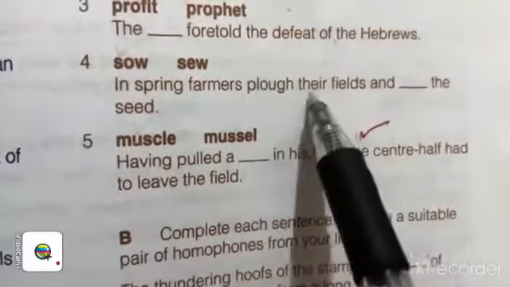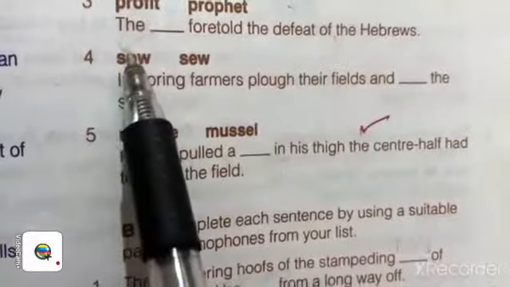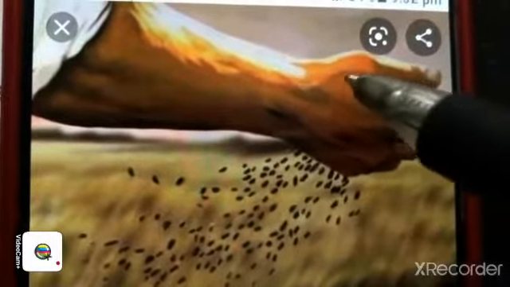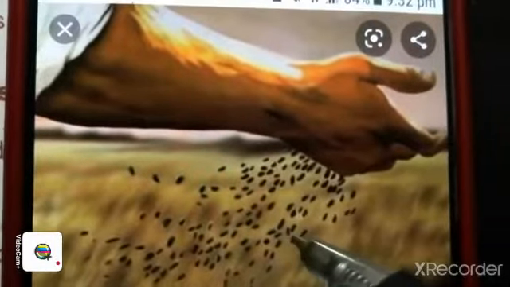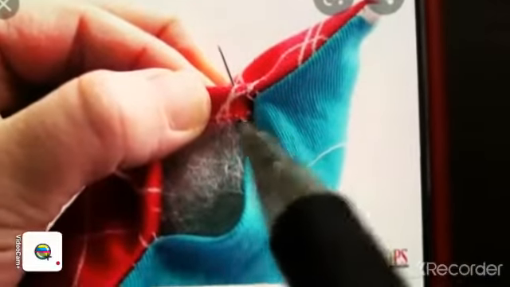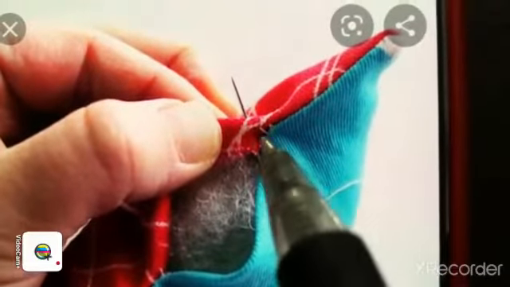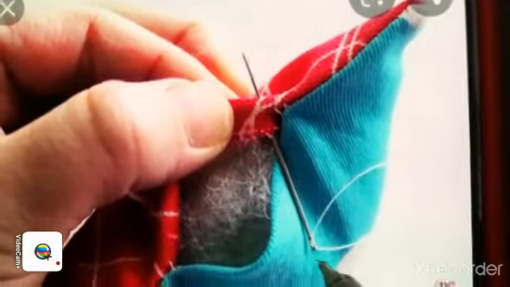What do the farmers do in the spring season in their fields? They sow. Look here in this picture. This sow means to scatter seeds into the field. This is the other word, sew, which means to do work with needle and thread.